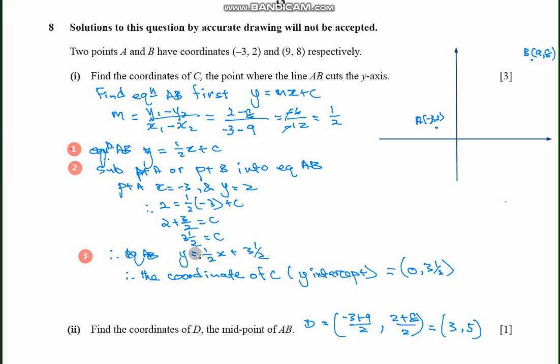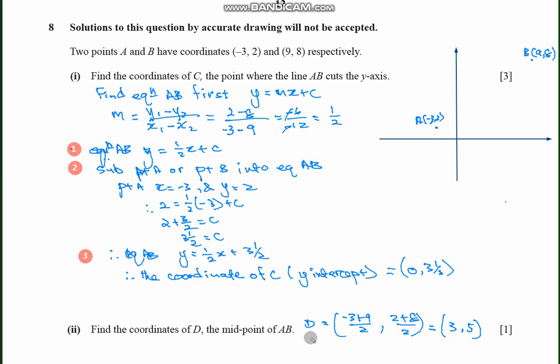Therefore, your equation is y equals half x plus 3.5. Therefore, the coordinate of C, which is the y-intercept of this straight line, is actually 3.5. So the coordinate is x is 0, y is 3.5.